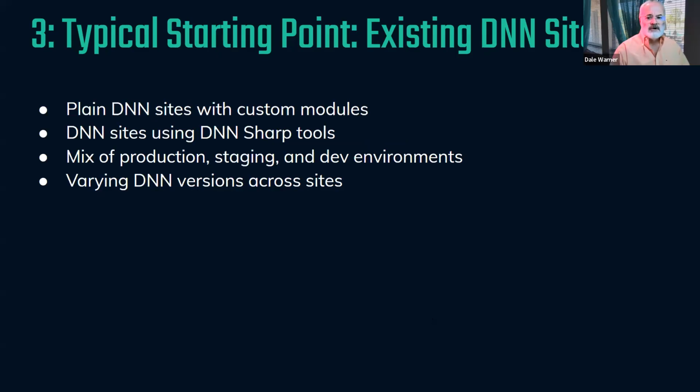A typical starting point would be a DNN site that has maybe just the DNN modules or some custom modules. You might be using DNN Sharp tools, and have a mix of environments. Some people only have a production environment, but depending on the level of need, you might have a staging or a development environment as well.